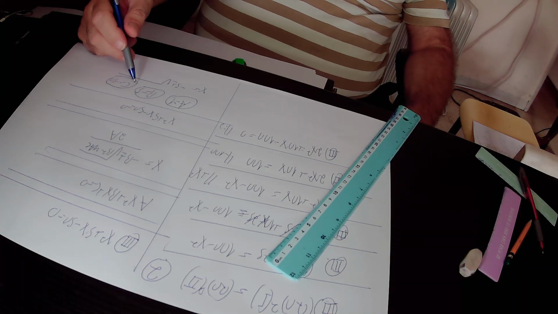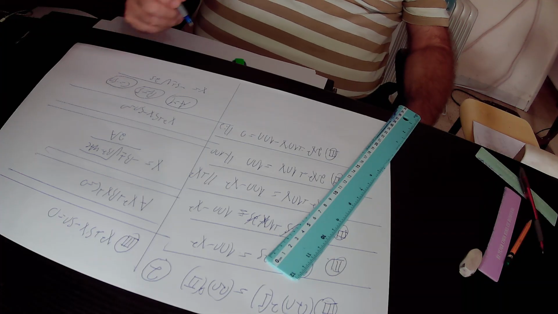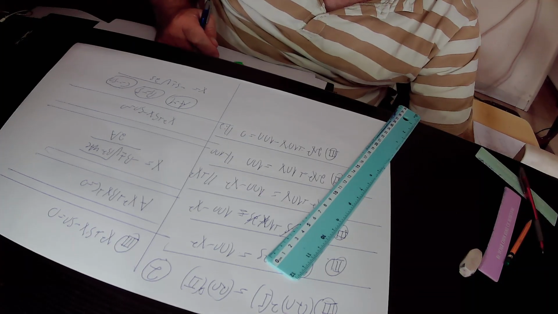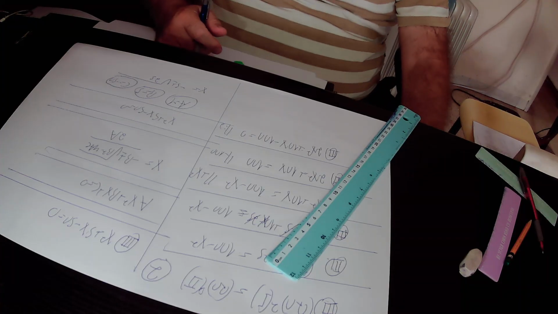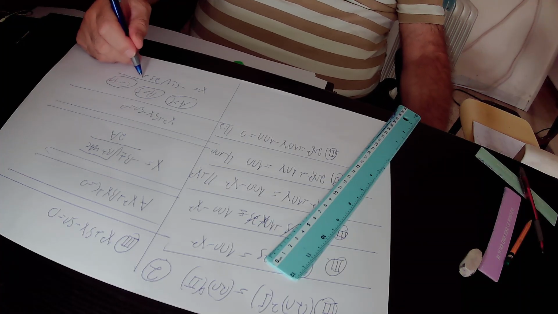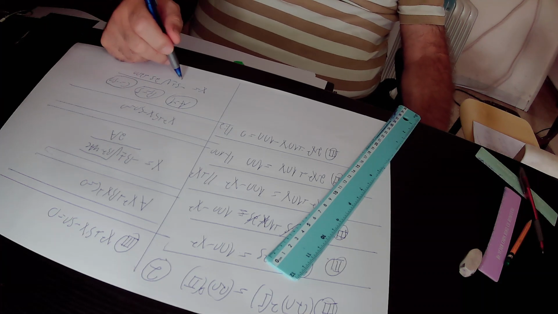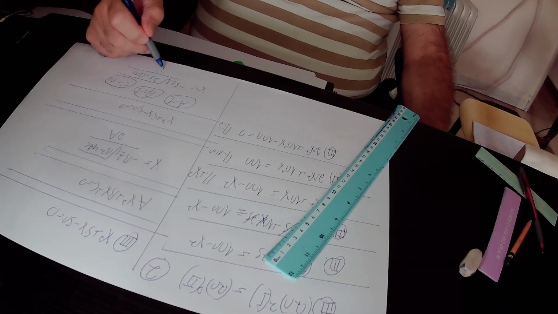B is 5, so b squared is 5 squared, that is 25. Minus 4 times a times c. Minus 4 times a is minus 4 times 1, that is minus 4. And minus 4 times c is minus 4 times minus 50, that is plus 200. So in total we found out that minus 4 times a times c is plus 200, divided by 2a. A is 1, so 2a is 2 times 1, that is 2.